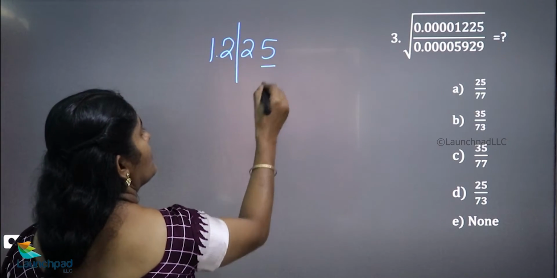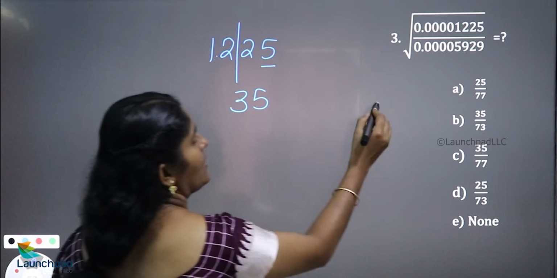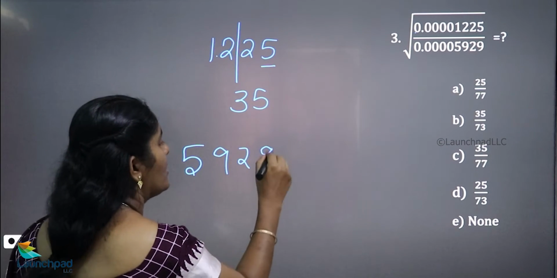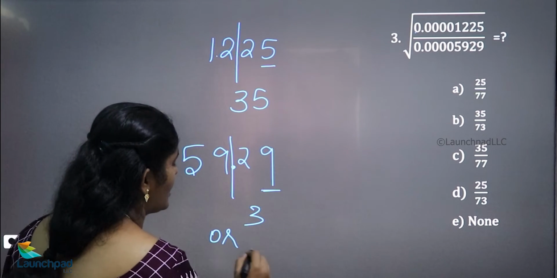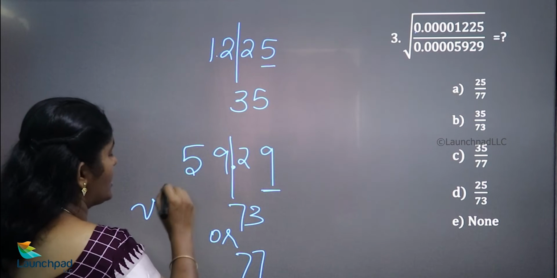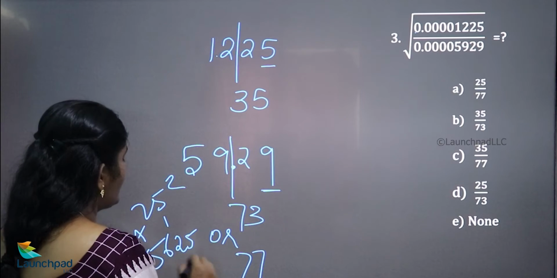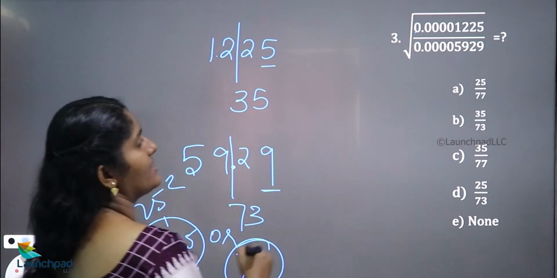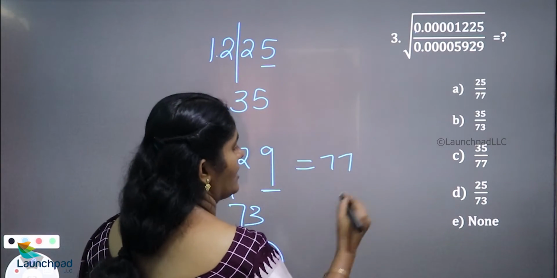What is the answer of this? 12 square means 35 square, that is 1225. And 5929: what is the square root of 5929? 9 is ending with 3 and similarly ending with 7. 59 means between 7 square and 8 square. 75 square means 5625. The given number is greater, so we choose the greater value. So the square root of 5929 is 77.